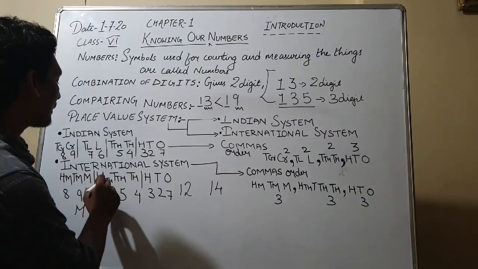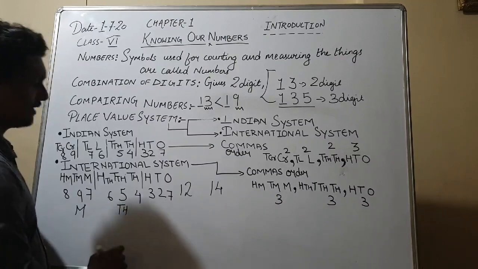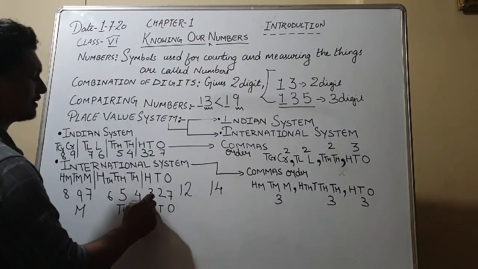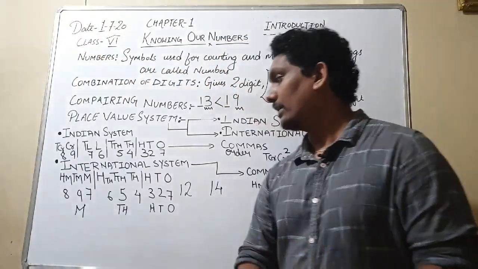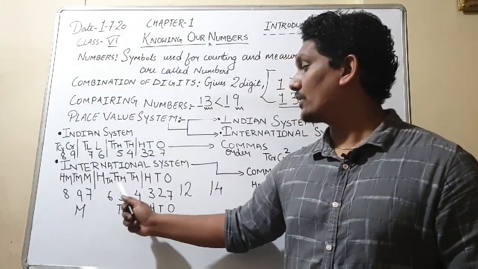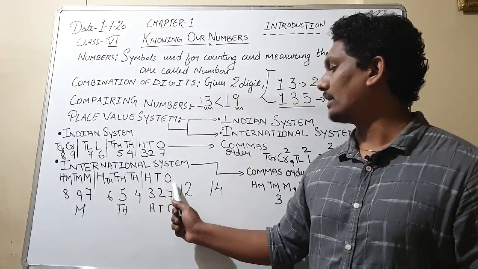Then 654 comes under the section of 1,000. Then this is hundreds, tens, ones. So how do we read the number? 897 million, 654,327.